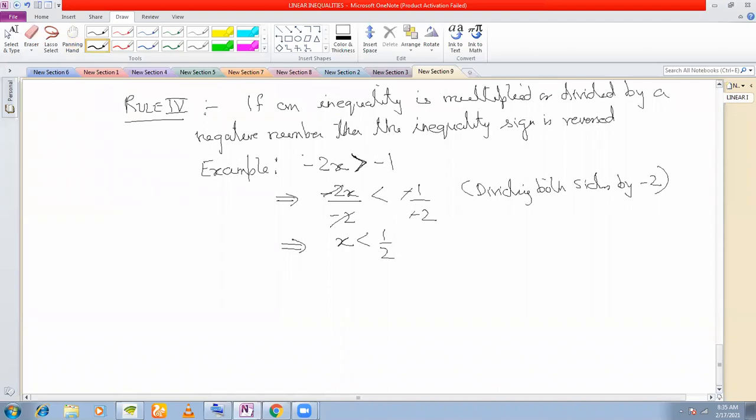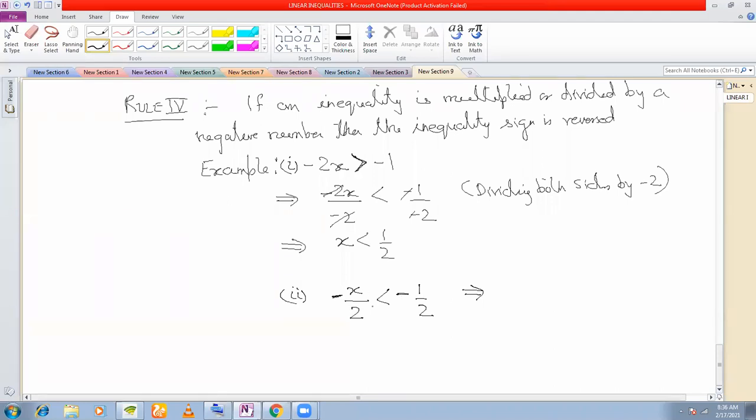What about multiplication? Let us take another example. Suppose I have minus x by 2 is less than minus half. Now see here, on both sides I have a negative sign.